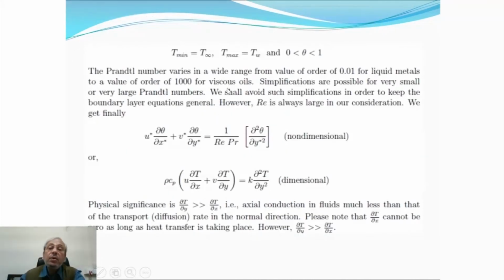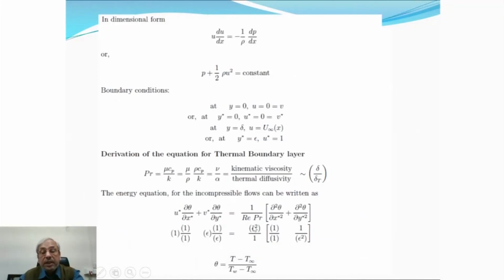Why am I saying so? Prandtl number varies in a wide range, 0.01 for liquid metals to a value of 1000. Now, for a higher value of Prandtl number, this order will not change. For values of Prandtl number in the range of 1, 0.6, 0.7, 5, 6, 7, 10, basically 1 and greater than 1 is not a problem.